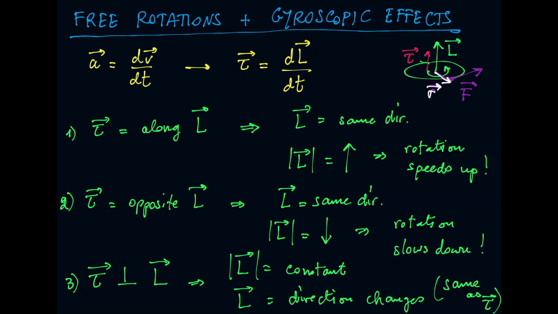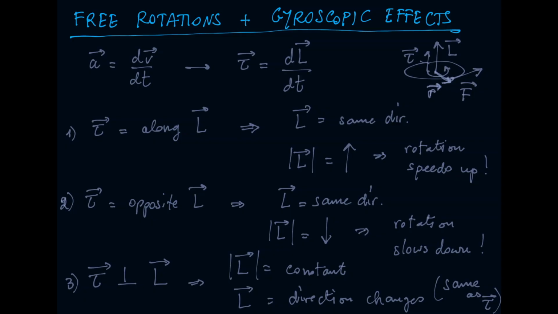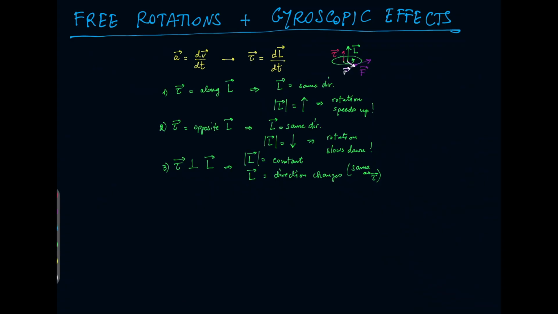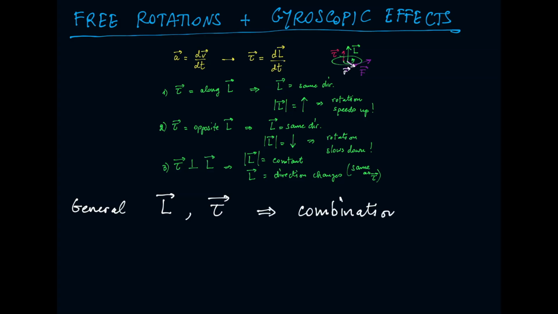If I apply a torque directed arbitrarily to this system, then the overall effect, actually this is worth writing down, so I'm going to zoom out. So by virtue of what we just said, the most general case of a certain angular momentum and a certain torque applied to it will be a combination of 1, 2, and 3.